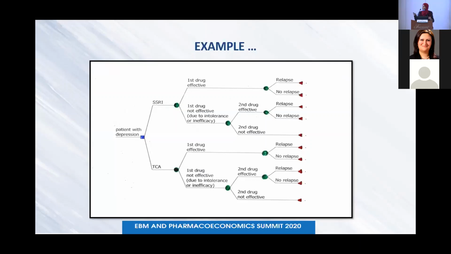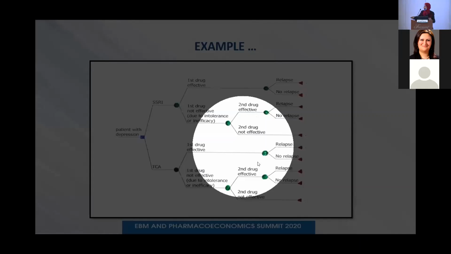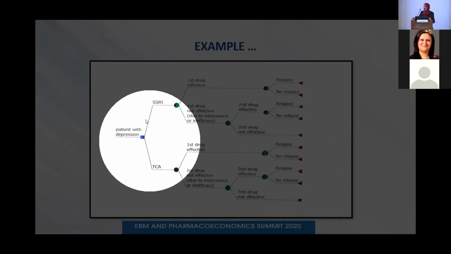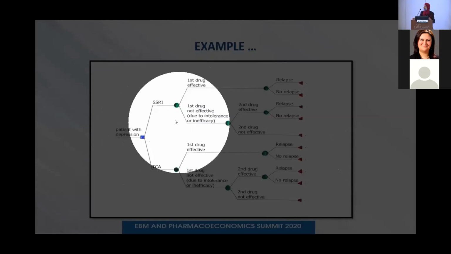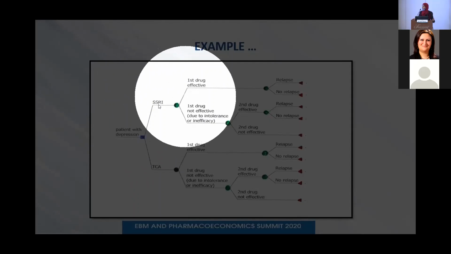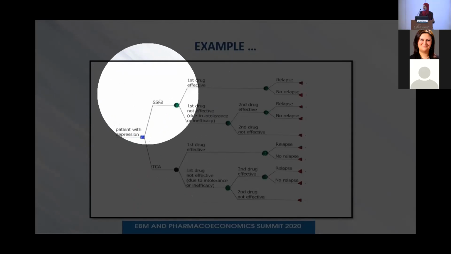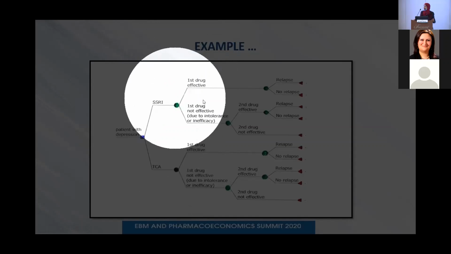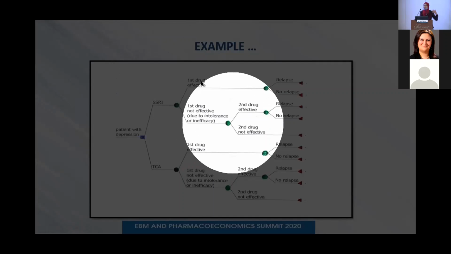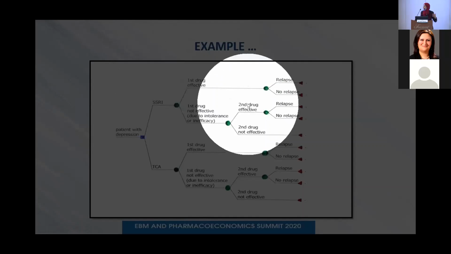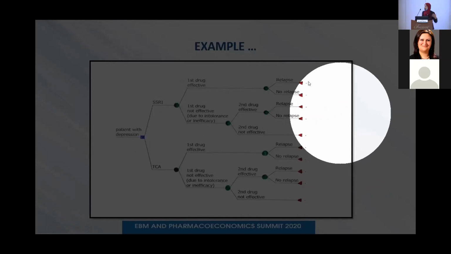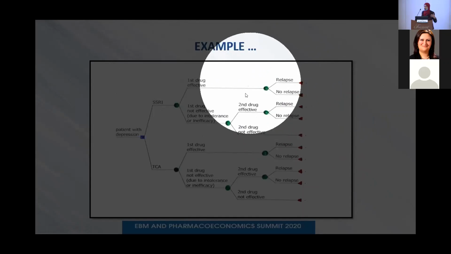We have the square, which is the decision node, okay, where we have the treatments. We have the chance node, the probability of the event to occur. Here we are comparing SSRI and TCA, so we have the probability of either being effective or not effective. We can have more than one chance node, okay? And then we end up with the final outcome, the cost and utility, which is reflected by the triangle.